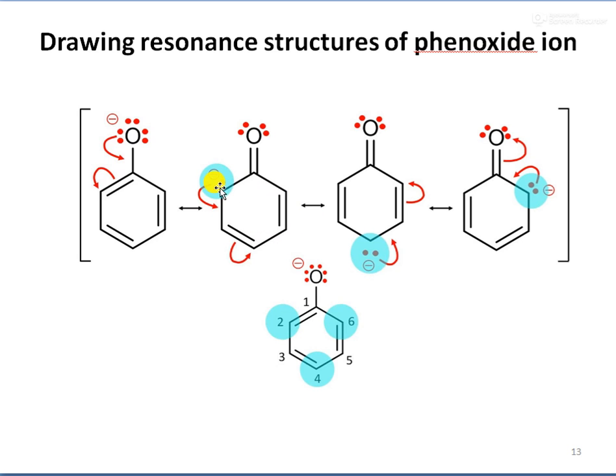And among these 3 structures, 2 structures have the negative charge at the ortho positions, and one structure has the negative charge at the para position. So from this, you can understand that the ortho and para positions will be more electron rich.